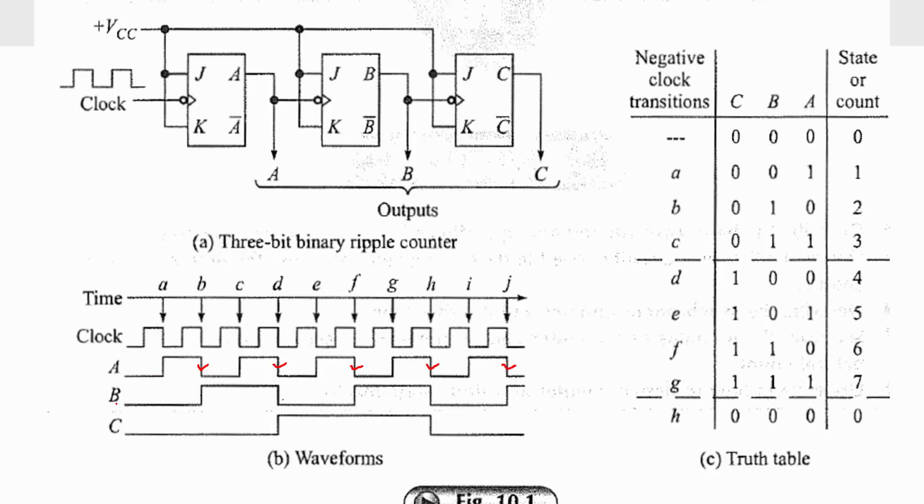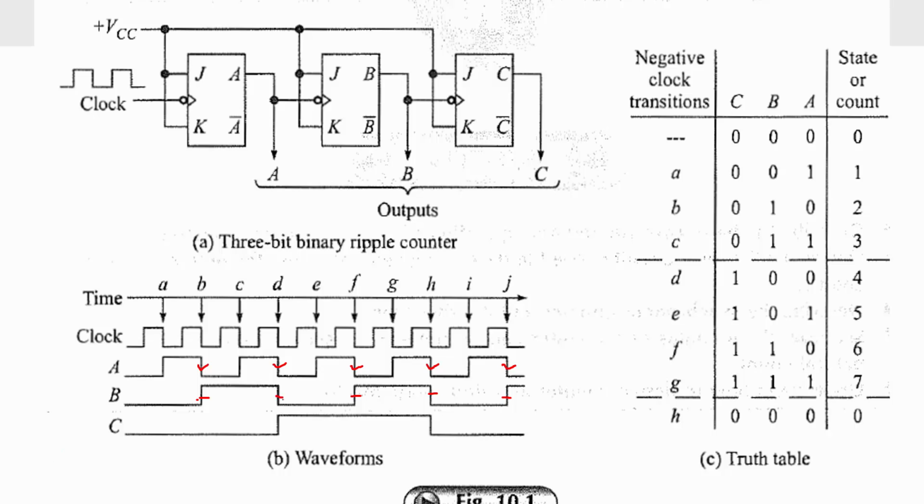See, initially B is assumed to be in 0 state, and during the negative edge of A, B will toggle low to high, high to low, low to high, high to low, low to high. This triggering will happen during the negative edge of your output A.